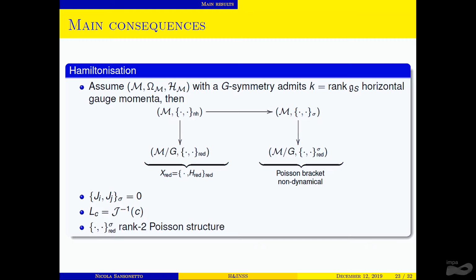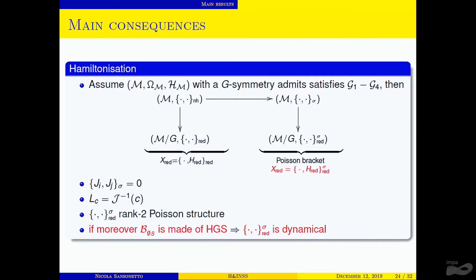But we can make a clever choice of the basis. We can choose the basis of our space of sections to be what are called horizontal gauge symmetries. If we choose the basis to be horizontal gauge symmetries, then the dynamics is tangent to the leaves, because the leaves are given by the level sets of the horizontal gauge momenta.